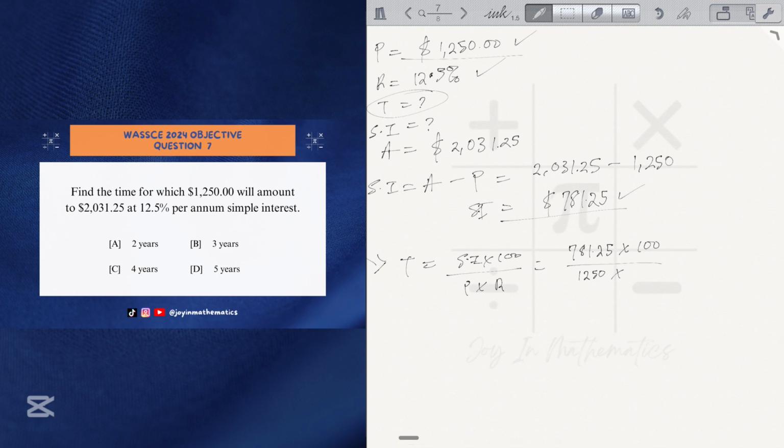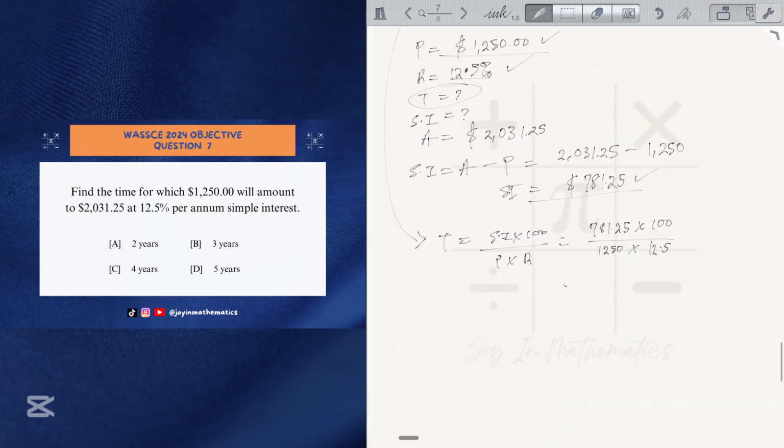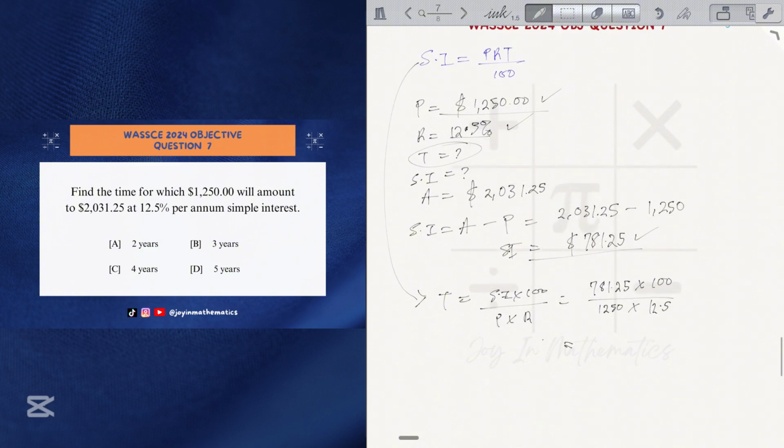So we'll just simply write it as 12.5. And now if we use our calculator for this, 781.25 multiplied by 100 divided by 1,250 multiplied by 12.5, we will have that the time is equal to 5 years.